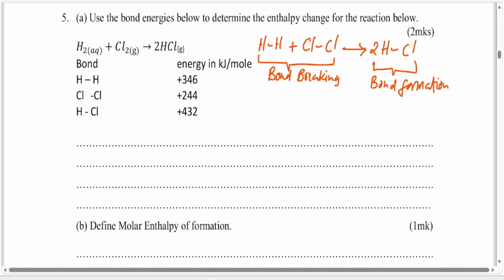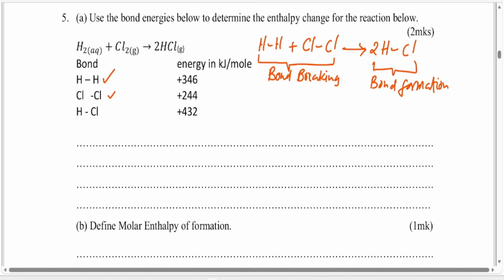So because we have been given the bond energies, we are going to work out the bond breaking energy and bond formation energies, and then we are going to determine the difference between the two, and then we are going to get the enthalpy change. We are going to begin with bond breaking. Bond breaking is between hydrogen bond, and we also have chlorine bond.